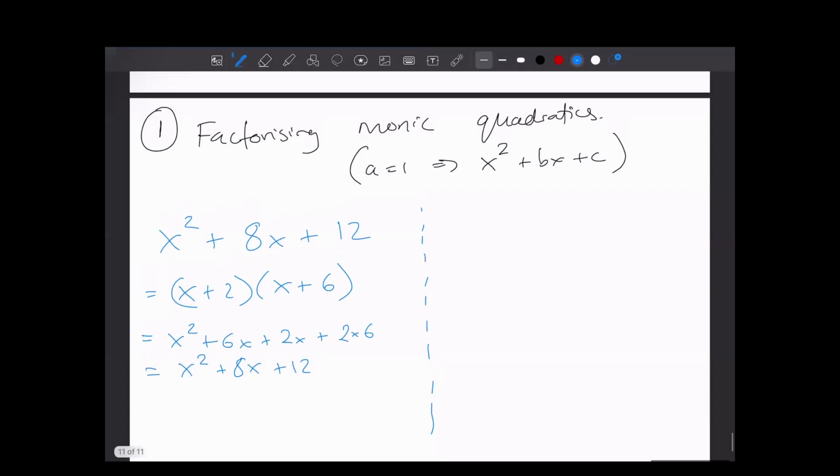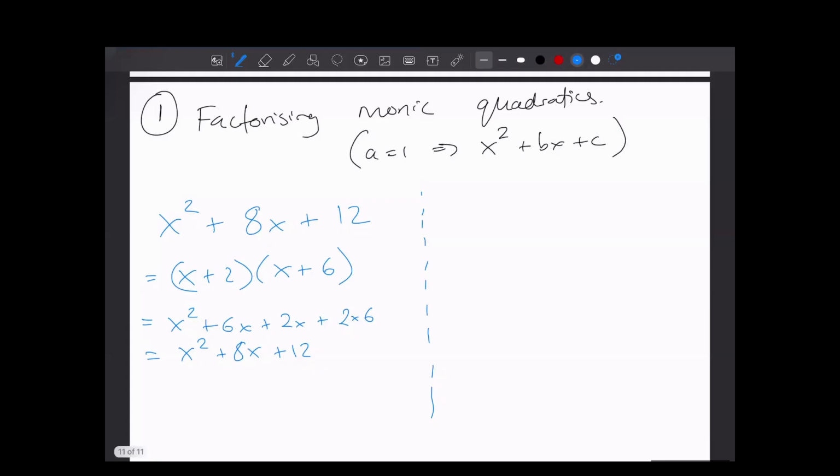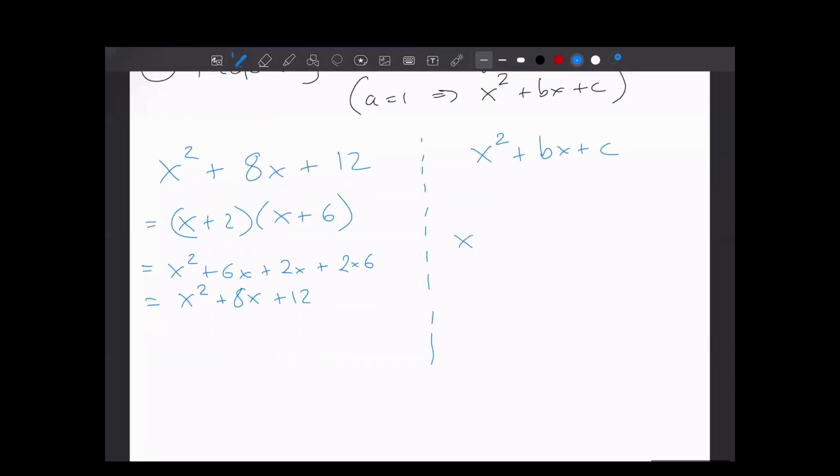So to quickly give you the explanation, our task is to go from something that looks like x squared plus bx plus c, and we want to end up with something that looks like (x + d)(x + e), using the same letters as before. If I expand this, we get x squared plus ex plus dx plus de.